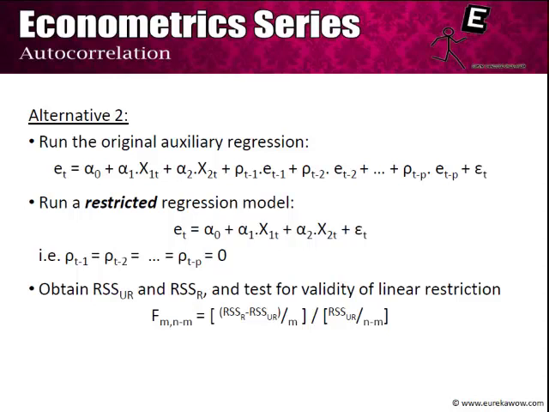This follows an F distribution with m degrees of freedom in the numerator and n minus m degrees of freedom in the denominator. If we are able to get a significantly different value than 0, then we can reject the null that there is no autocorrelation and conclude that there is evidence of autocorrelation.